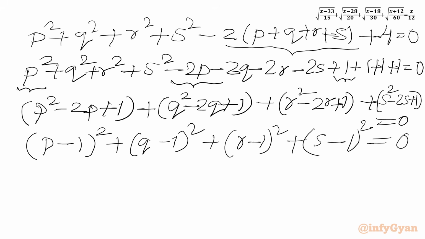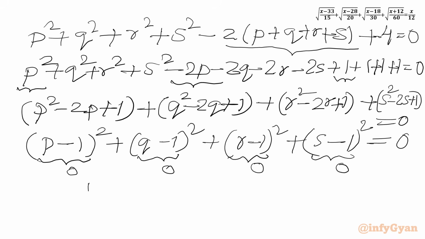equal to 0. If a sum of squares is equal to 0, then it is confirmed that the individual brackets should be equal to 0. Only then is it possible, because each square is always a non-negative number. So we will write equal to 0.